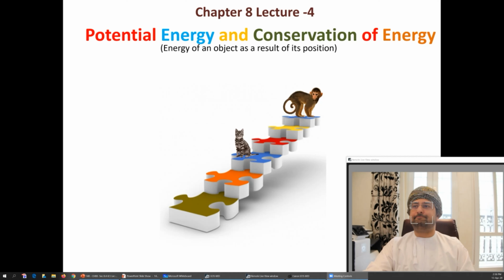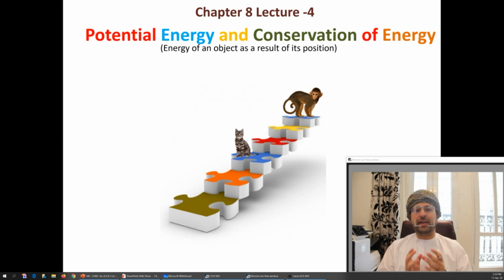So we have reached the point where we're discussing potential energy and conservation of energy. And that is, well, what is potential energy? As we have said, it is the energy of an object as a result of its position. So it's not actually doing anything, you're not doing anything to it.